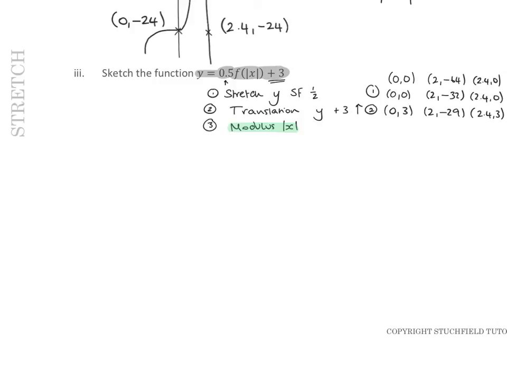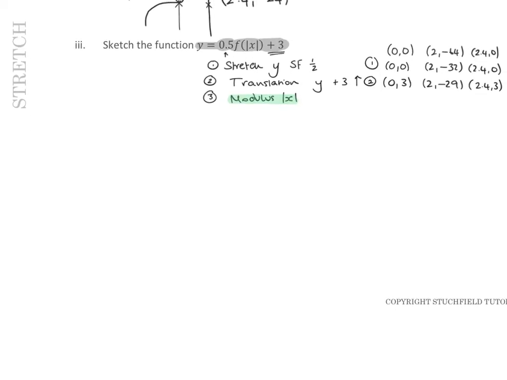And then number 3 is going to be the modulus, so we'll do that at the end. Now, again, remember another option is to start with our initial thoughts. So this one, y scale factor 1/2, just makes it less extreme, and then it's going to go up, something like that.